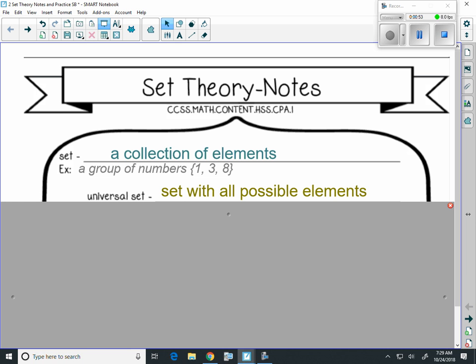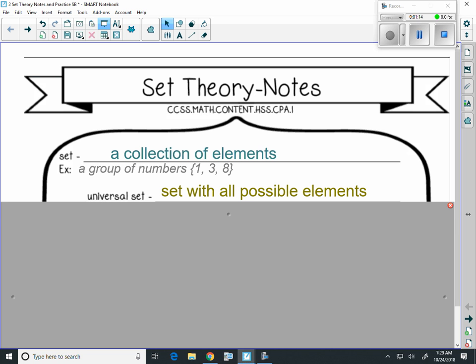Okay, and then we have something called a universal set. Okay, the universal set is a set with all possible elements. So this will be situational. So when we're talking about a specific situation, a specific problem, there'll be a universal set.